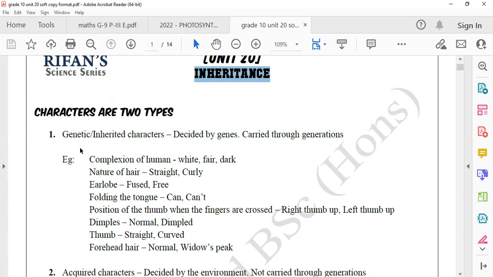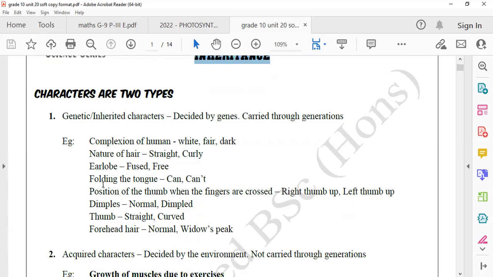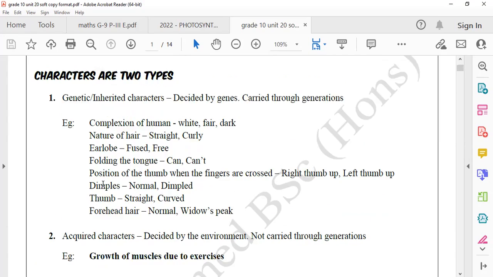If you consider the characters in any organism, they can be divided into two types. One we call genetic characters. Another name for genetic characters is inherited characters.